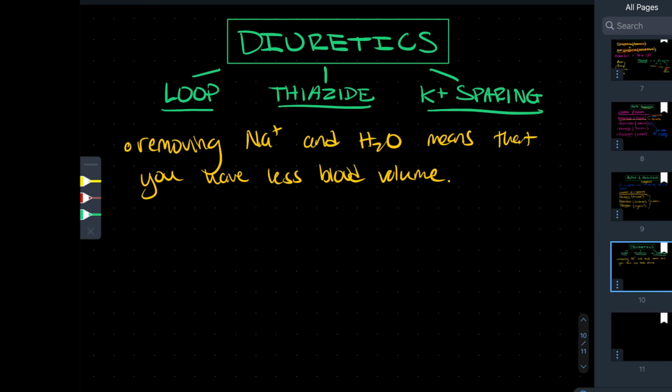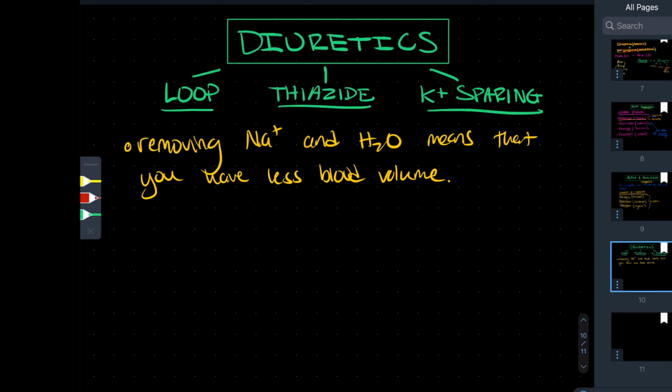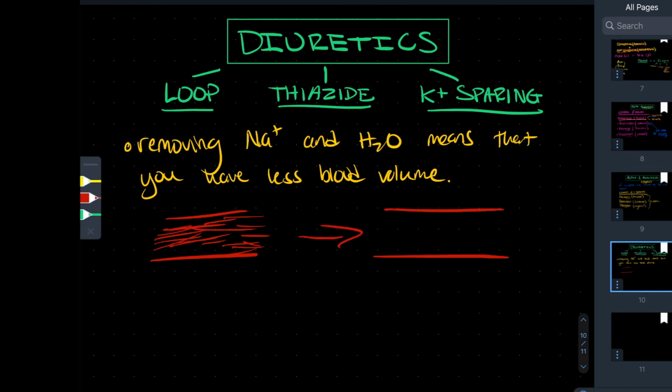So all of these do the same thing of removing sodium and H2O in just different ways, and they have different side effects. But less blood volume: you had a ton of blood volume, and now you have less, which means it's easier on the vessels.